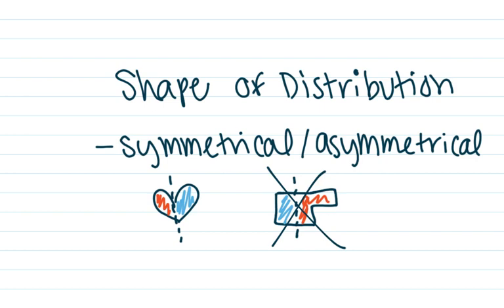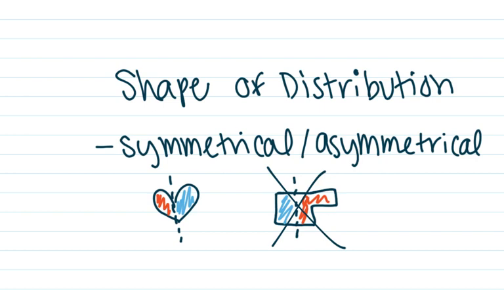If it does not have symmetry, then that means that our data is going to be what's called skewed. And when our data is skewed, that means that the mean is not going to be the center of our data, and it's not going to be as reliable as we would hope. And so instead of using the mean as our reliable piece of information, we would probably use the median or something like that because it takes into account skewed data.